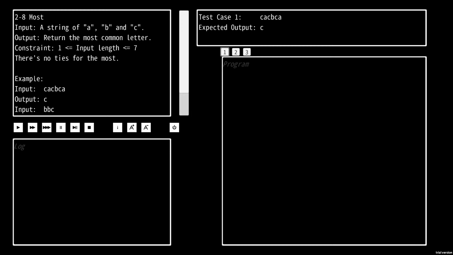Return the most common letter. There's never a tie for the most, so that's awesome. So how do I figure this one out?